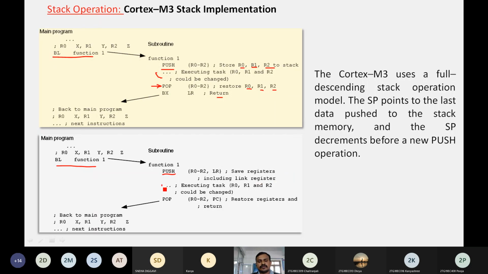Then after executing some instructions in this subroutine, we may pop all registers what we have pushed to restore registers and return to the main program. Okay, this is the operation what we are going to observe in the Cortex M3.